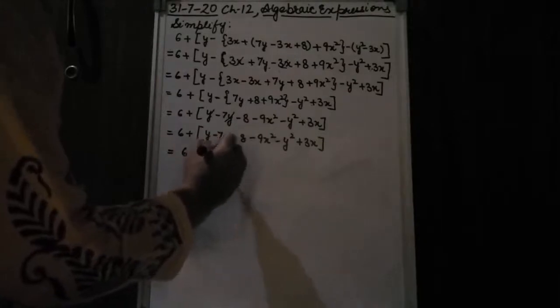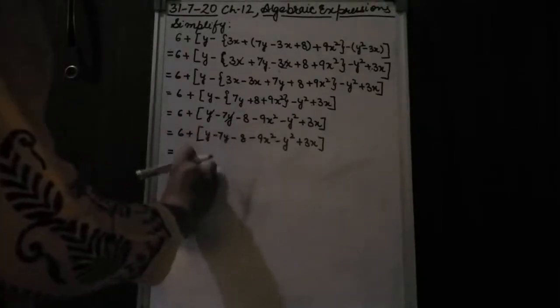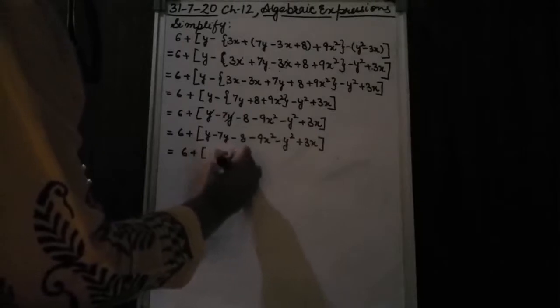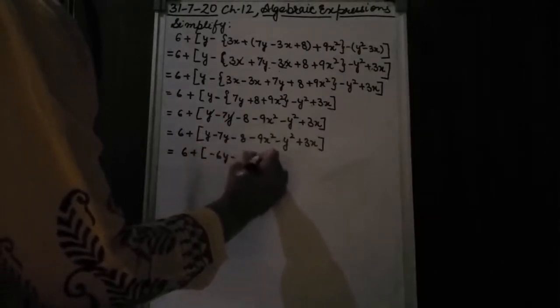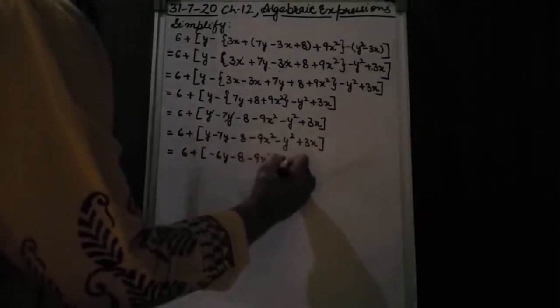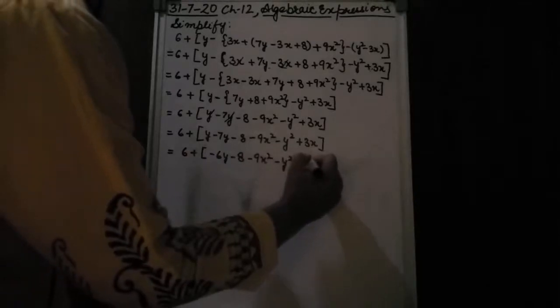So it will be 6 plus y minus y and minus 7y. It will become minus 6y minus 8 minus 9x square minus y square plus 3x.